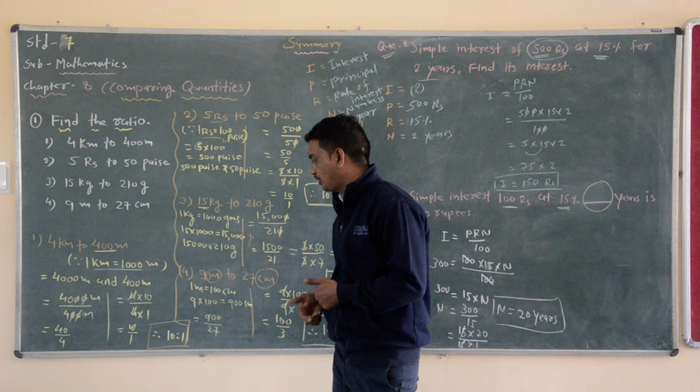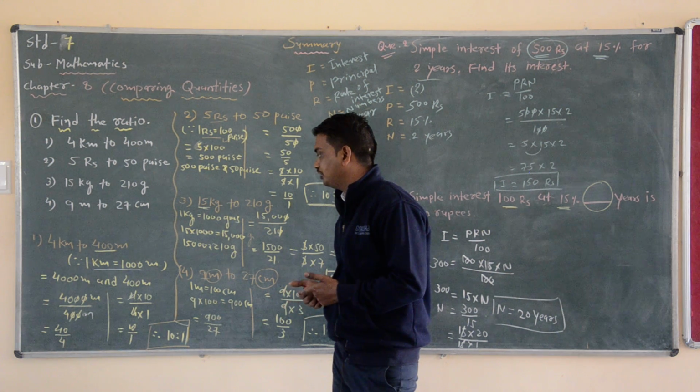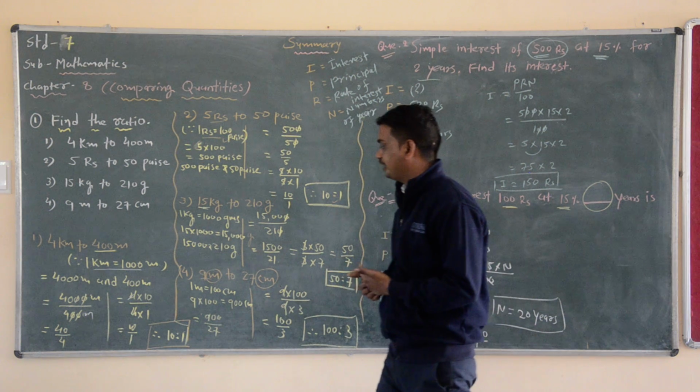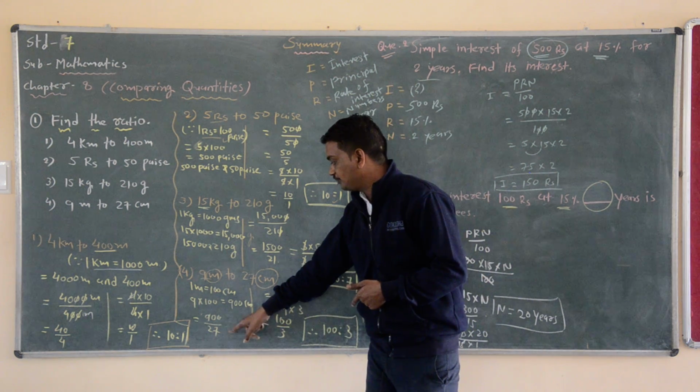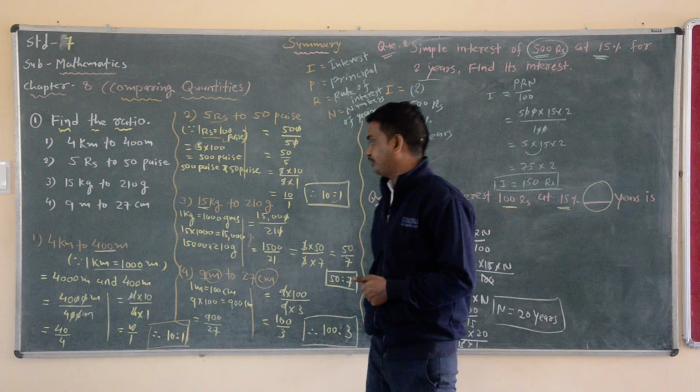Now we need to find the ratio between 9 meter and 27 centimeter. We write it like this: 900 centimeter upon 27 centimeter.